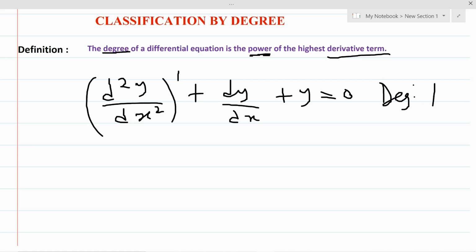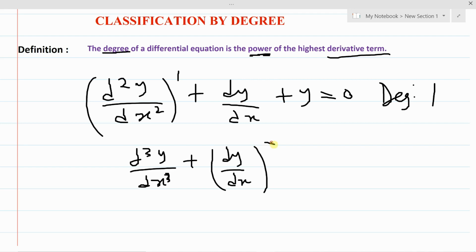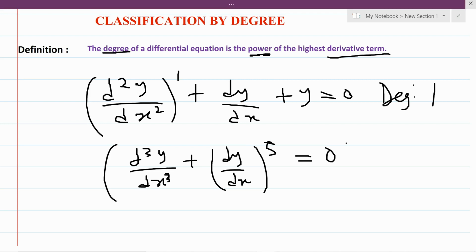Now let's check this. If I have d cubed y dx cubed plus dy dx all to the power 5 equals, let's say, 0, what is the degree of this differential equation?